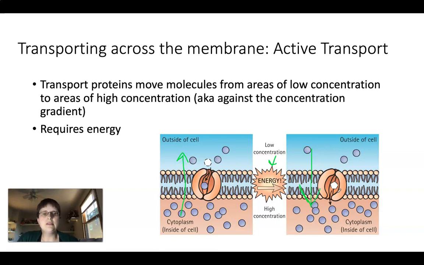You can see this guy's moving into the cell. And that's why it takes energy, because we're pushing them against the direction they want to go. That's what active transport is: we use energy to push these molecules against the direction they normally want to move.